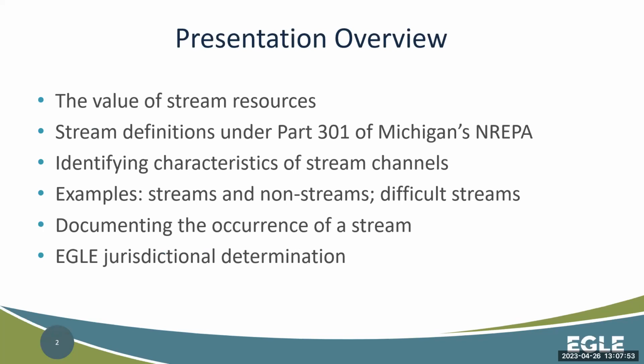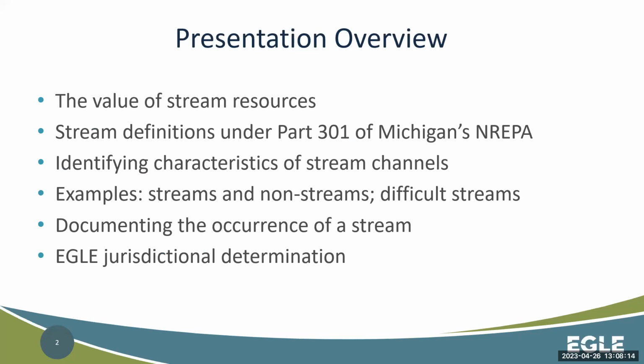So, a brief overview of what I'm going to talk about. I wanted to talk about the value of stream resources and why stream identification is important. Go over the stream definitions under Part 301 of Michigan's Natural Resources and Environmental Protection Act.